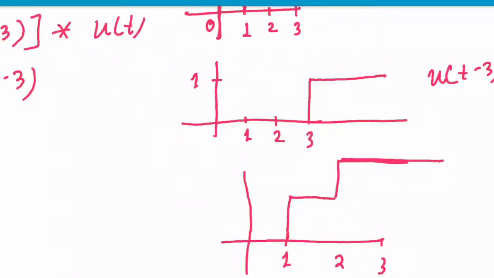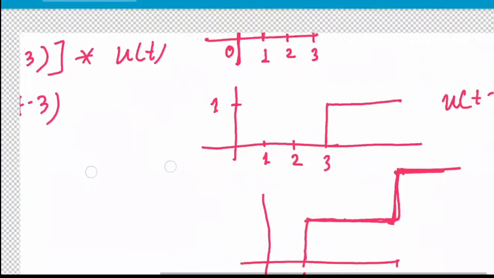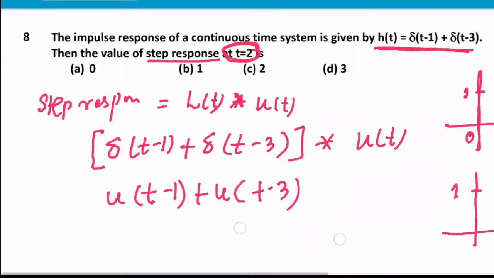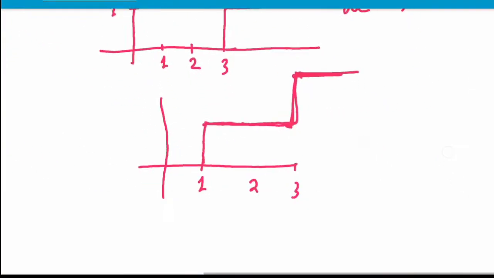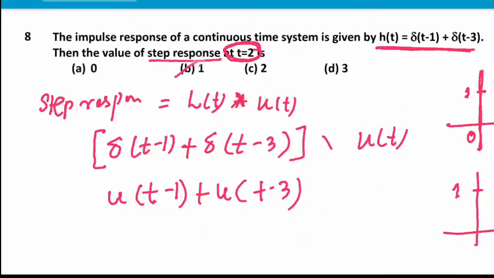The question is asking, at t is equal to 2, what will be the value? At t is equal to 2, the value is 1. So here option B is the correct answer.